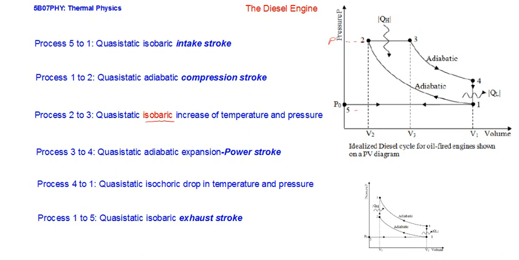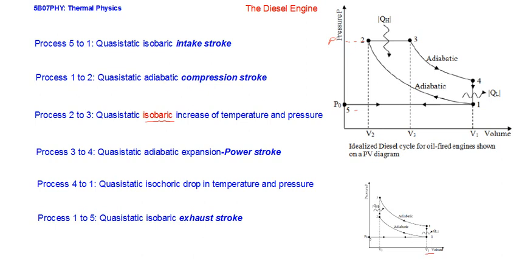The difference you have already noted, and due to the change in the PV diagram, one more thing you can note: we had only two relevant volumes in the case of the gasoline engine. We named them V1 and V2.